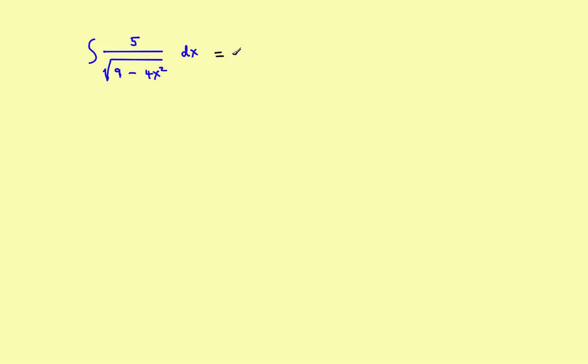So first of all, bring the 5 outside the integral. Then that gets you to this, where now you have a 1 on top here. And I'll still do it the same way I did before. I'm going to rewrite it, and I would suggest you do this in all these problems, as something squared minus something squared. Well, just like last time, this would be 3 squared.